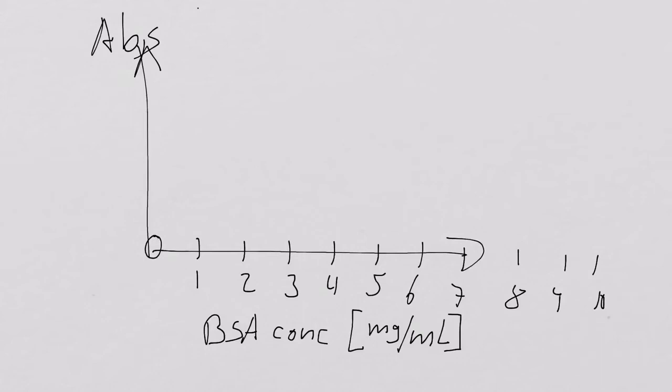Because the zero concentration of the BSA you used to blank with. So therefore, 0 milligram per milliliter BSA should have an absorbance of 0. So it should go through that. It should look like that. Yeah? There's a good chance that you probably see a little bit of deviation.